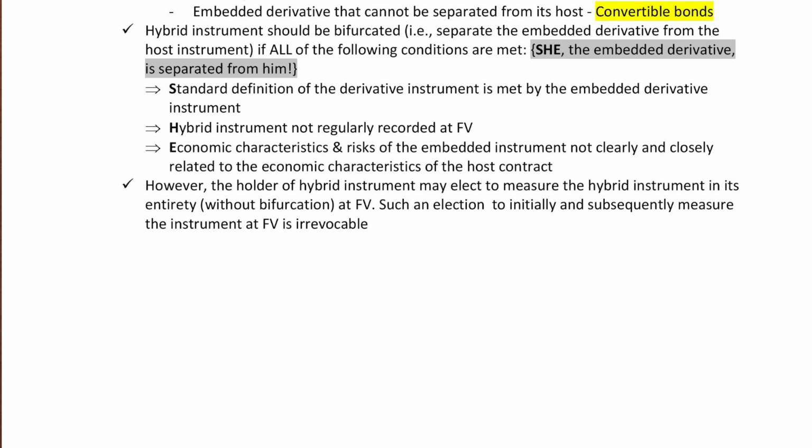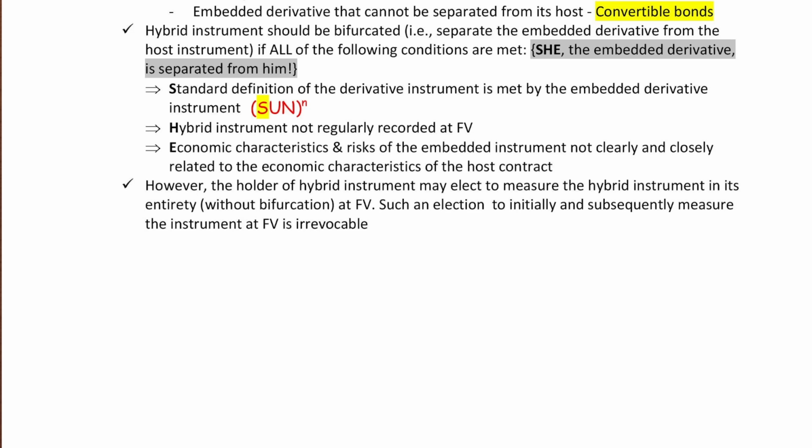And the first condition is that the embedded derivative meets the characteristics of a derivative. And you can write the SUN, sun to the power of n, and highlight S. So the embedded derivative meets the sun to the power of n criteria.